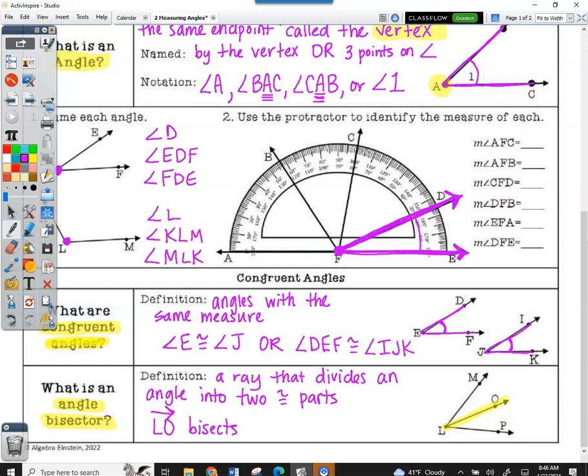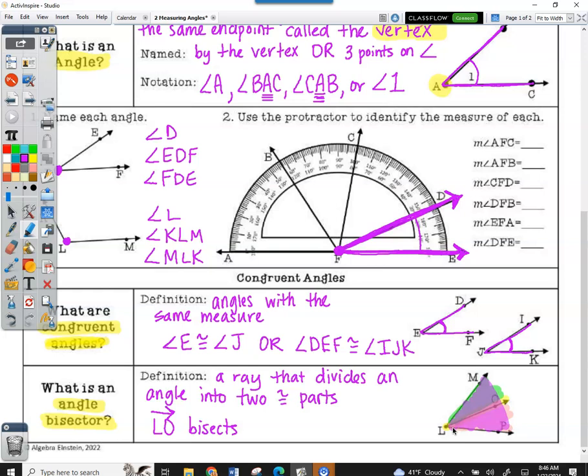Here's why. I'm going to use highlighters to help you. If I say angle L, because there's a third ray coming from L, I could be talking about this, MLO. I could be talking about this, OLP, or I could be talking about this, MLP. Do you see how there's actually three angles there?